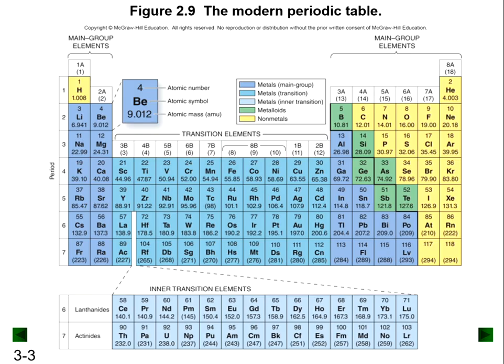Though as you do a lot more calculations, you'll start to remember some of these numbers simply by virtue of seeing them over and over again. And of course, you don't have to memorize all of the symbols, but it is very helpful if you do know at least the first few rows of elements, knowing the symbols and their associated names. It'll just make your problem solving a lot easier.